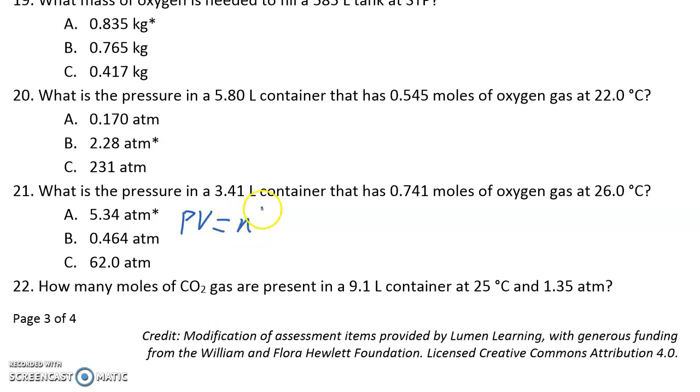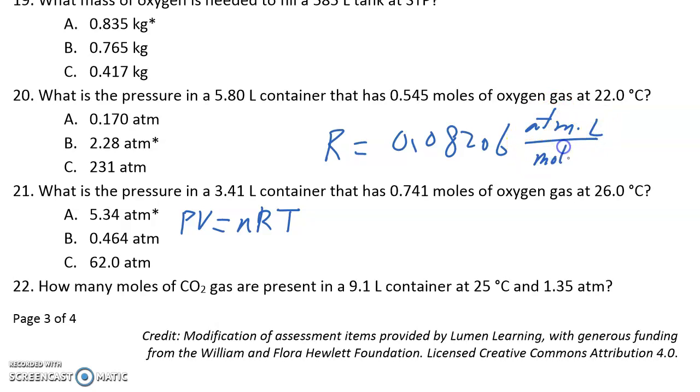PV equals nRT. That is our ideal gas law, where R is the universal gas constant, 0.08206 atmosphere liter divided by mole Kelvin. What are we looking for? We are trying to solve for pressure. So pressure P will be equal to nRT divided by V.